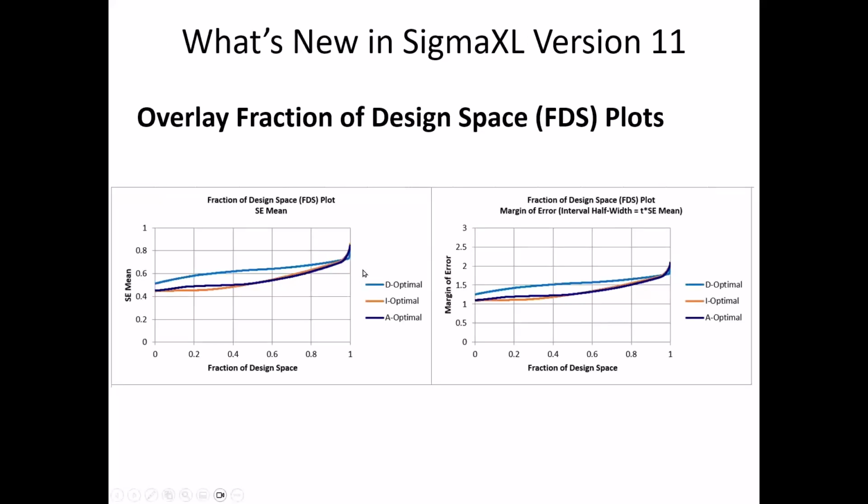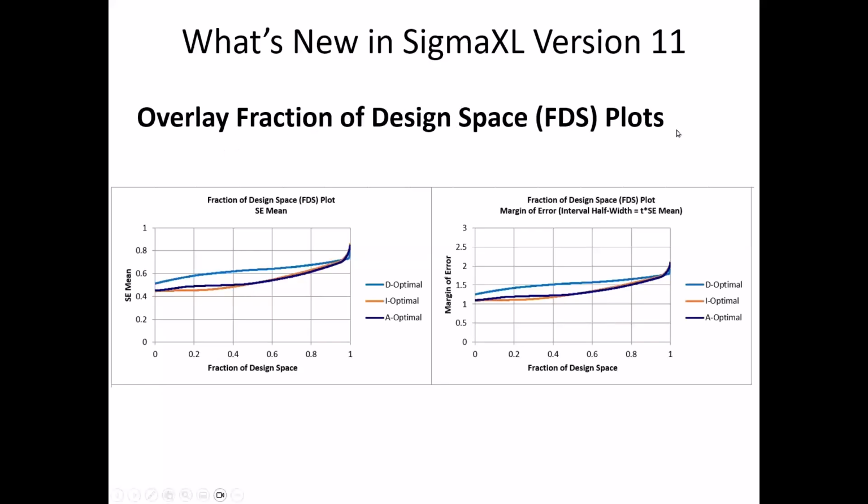Here's a comparison of the different optimal designs, D-optimal and I-optimal. I-optimal is designed for low prediction error, so it shows up as the best because it has the lowest standard error of the mean. And D-optimal has other desirable properties, but it's not as good as I-optimal when it comes to prediction error.